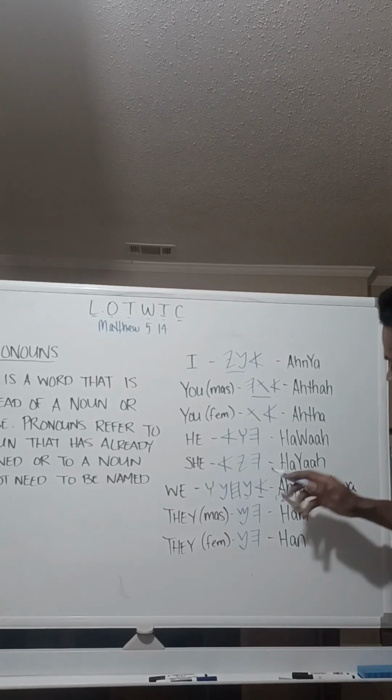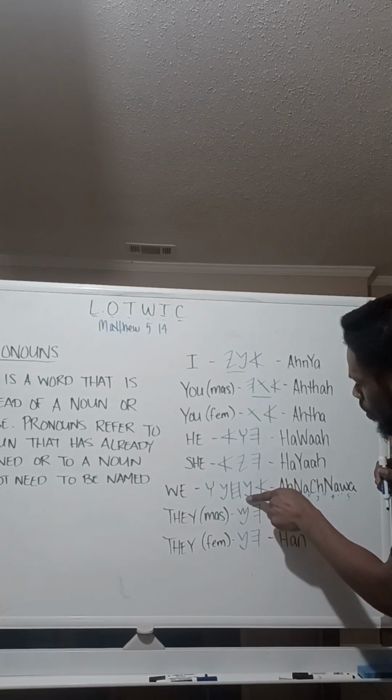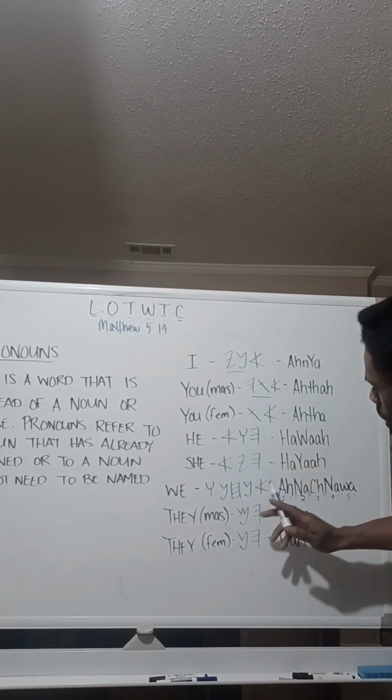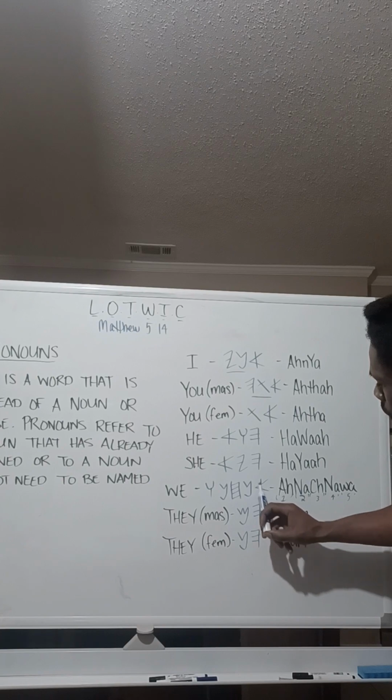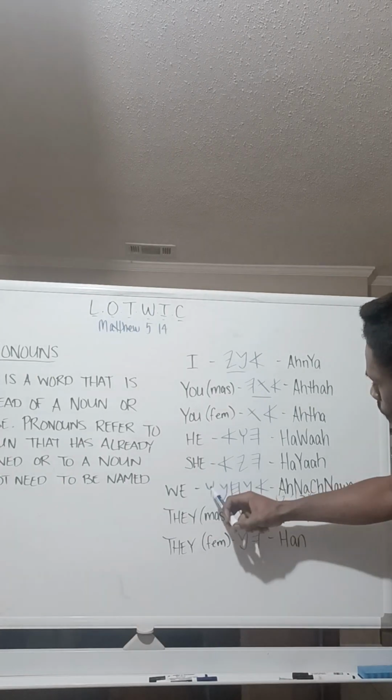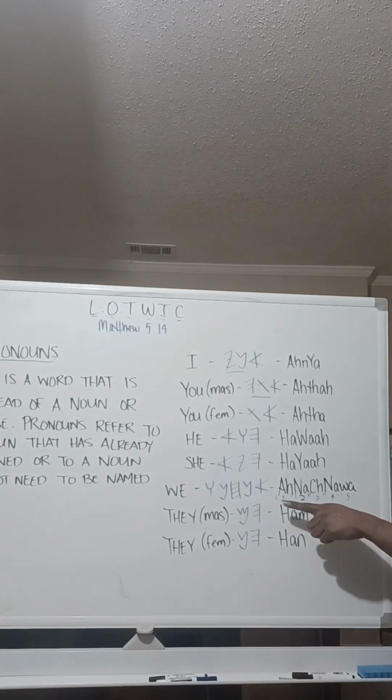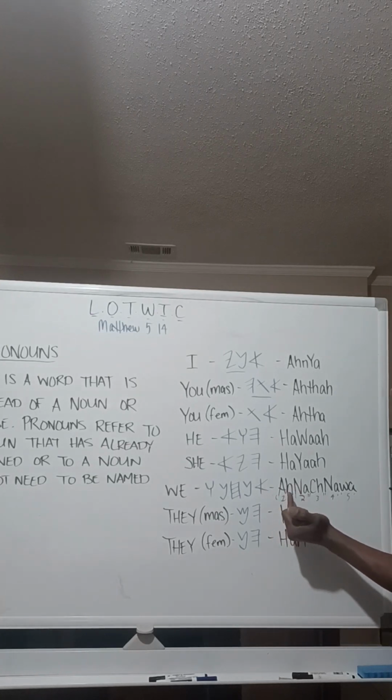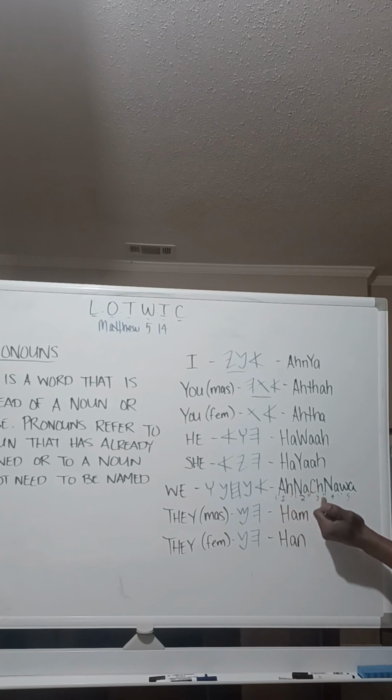So here, let's see how many characters we have. 1, 2, 3, 4, 5. So do you see how I broke it down? And when you sound it out and you really listen to it, you have 1, 2, 3, 4, 5. You have the ah, nak, nawa.